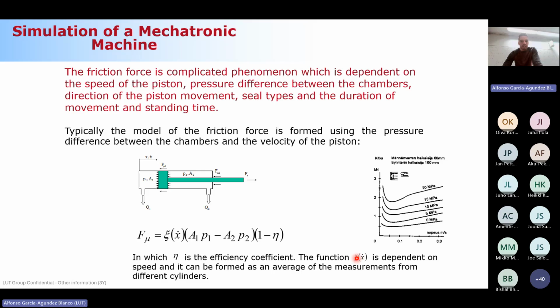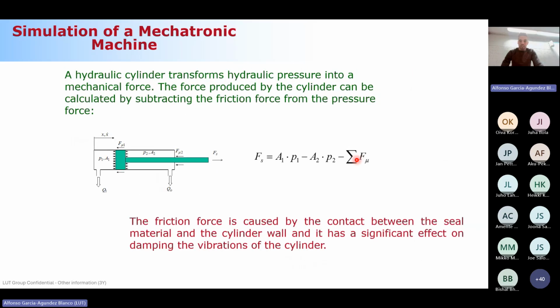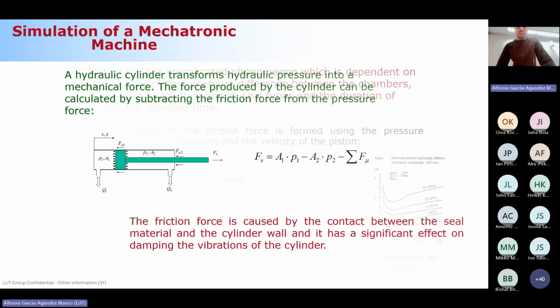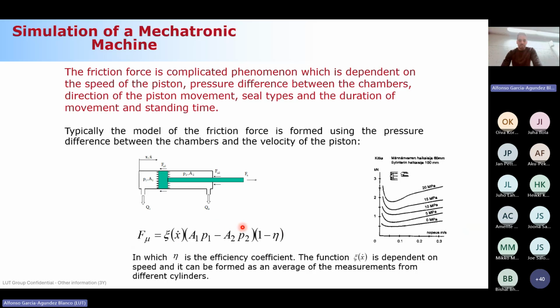And this function is dependent on the speed, and it can be obtained by measurements or different models, okay? So basically, this is the idea. Remember, this F mu, the friction force, appears in this side, okay? And one possibility to model it is given by this equation, okay? Where eta is the cylinder efficiency, okay?